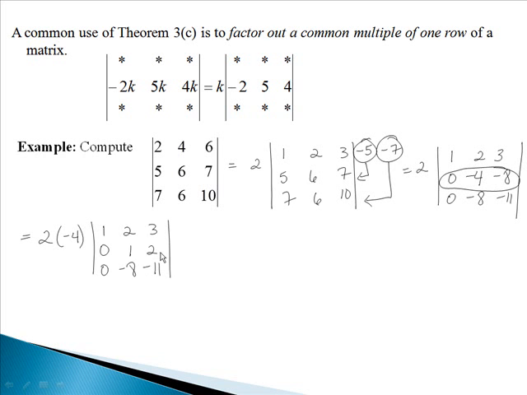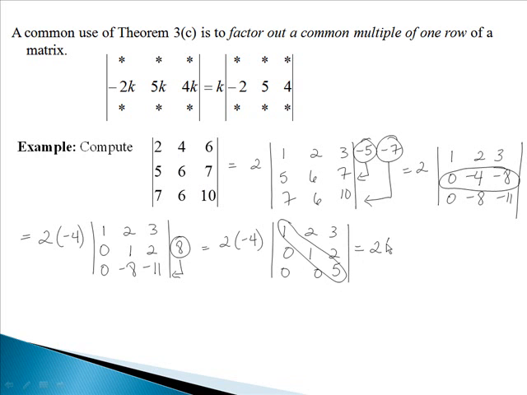Then I can apply row operations, so I'll multiply here by 8 and add it to this third row. So I've still got the 2 times -4, and now my determinant that's left is 1, 2, 3, 0, 1, 2, 0, 0, 5.